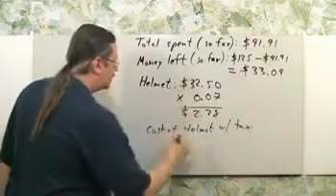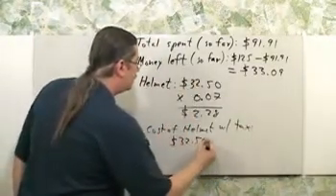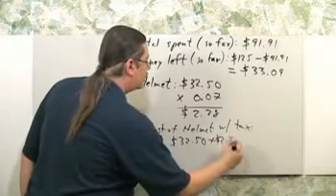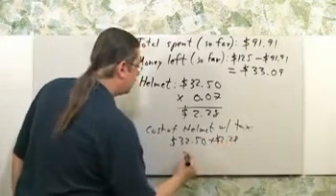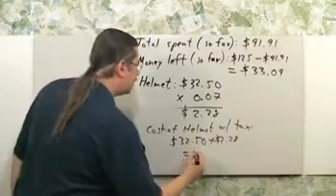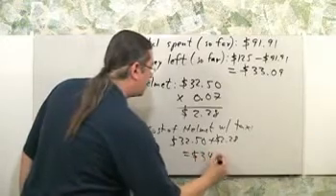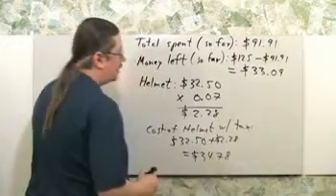So let's go ahead and add these numbers up. $32.50 plus $2.28. When you add those up, you're going to get $34.78.